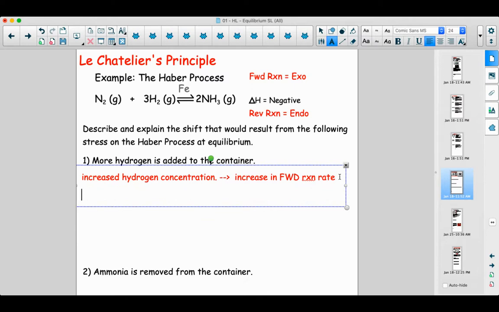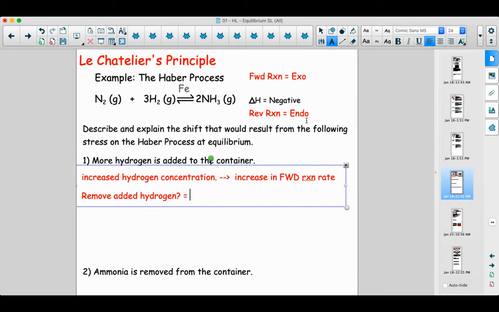So we can also think about it as I've increased the concentration. So how do I remove that added hydrogen? That's the question you need to ask yourself. If you've added something, how do you get rid of it? How do you remove added hydrogen? Well, hydrogen will get used up if I do the forward reaction.